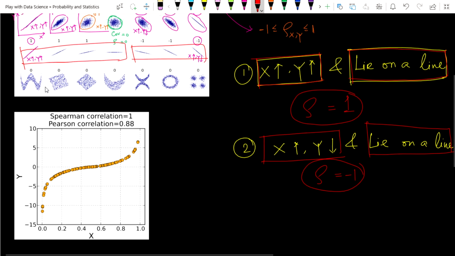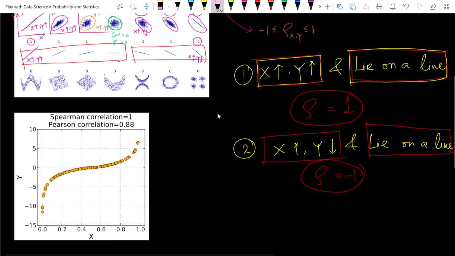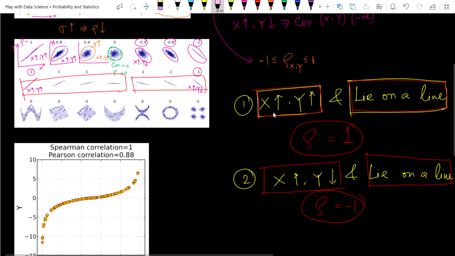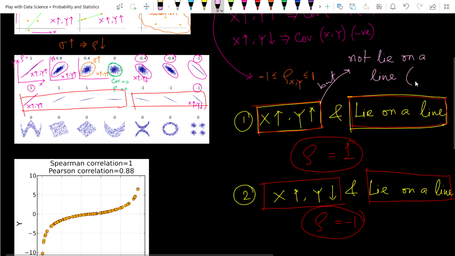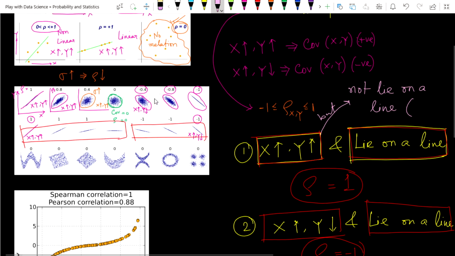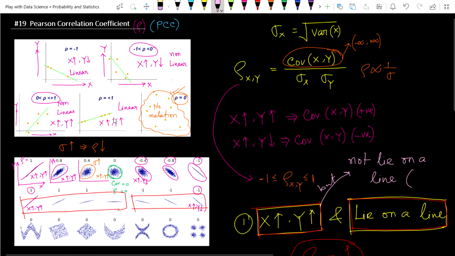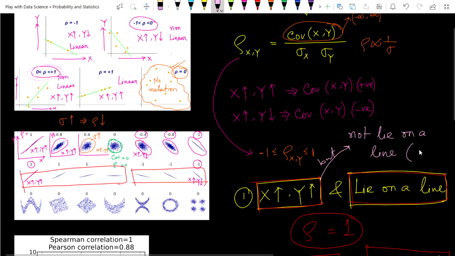Now the third thing: if x increases and y increases, but it does not lie on a line, then what happens? Then the rho value will lie in this range: 0 less than rho less than 1.